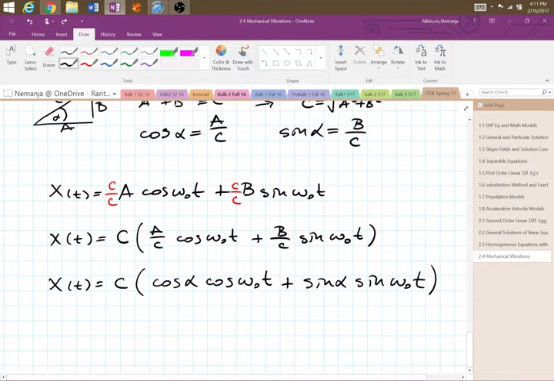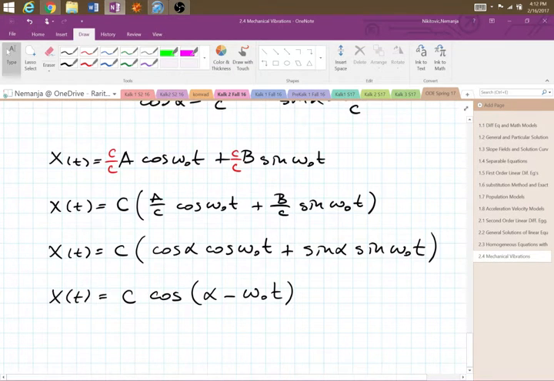this last row. Looking at this, this is the sum of two angles for cosine, right? Cosine of the sum of two angles. So we have C times cosine of alpha minus omega 0 t.